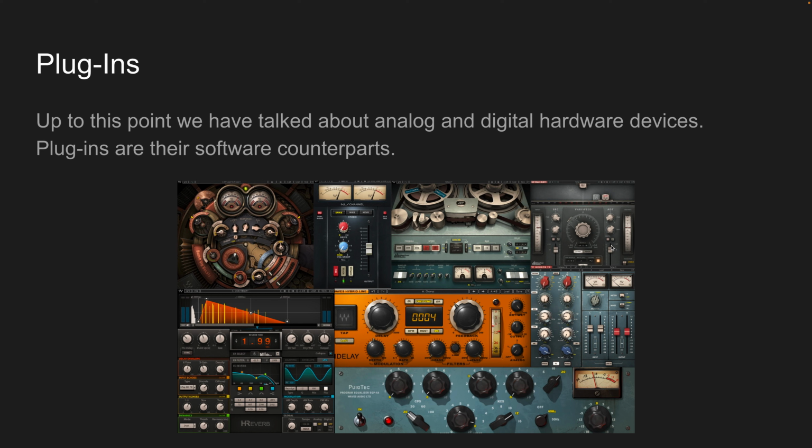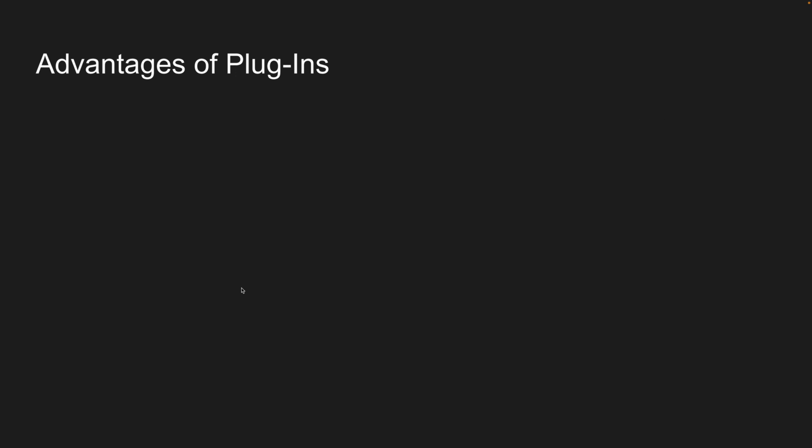The Chef 73 is off a hardware unit. This is modeled to look like a hardware unit. I'm not sure if it is a hardware digital delay or not, but this one's clearly a Pultec EQ modeled. And then these ones look to be just software based, like these are just original creations. It's Butch Vig vocals up here, and everything like that.